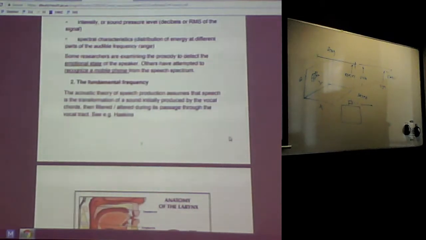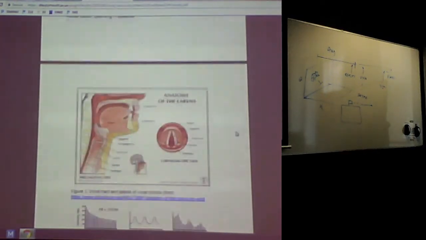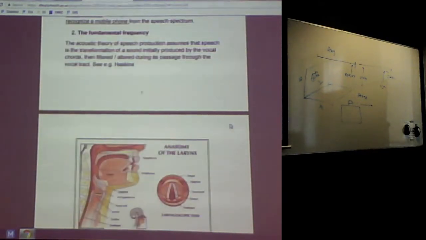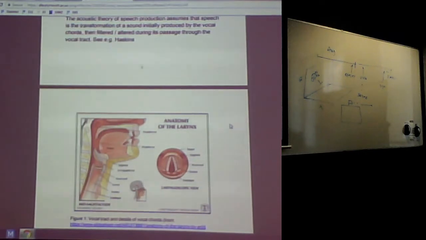So there is a model called the source filter model. That's a model of how speech is produced, and the idea is you have a vocal cord here, which becomes more or less narrow and vibrates at a given frequency.